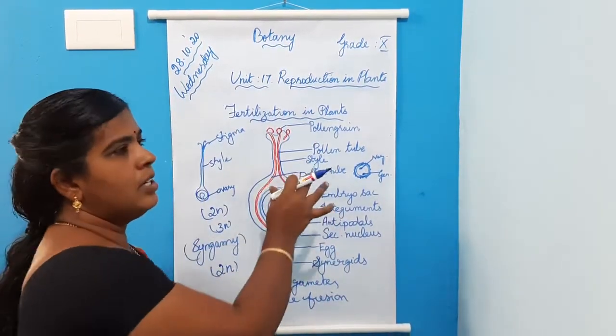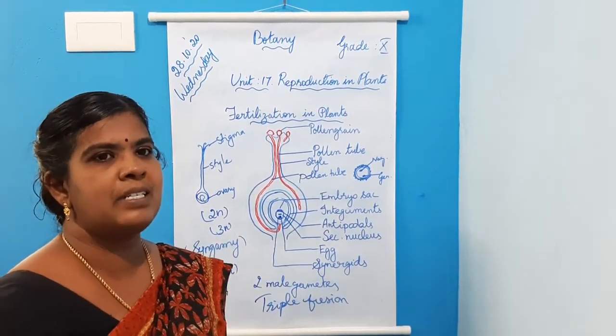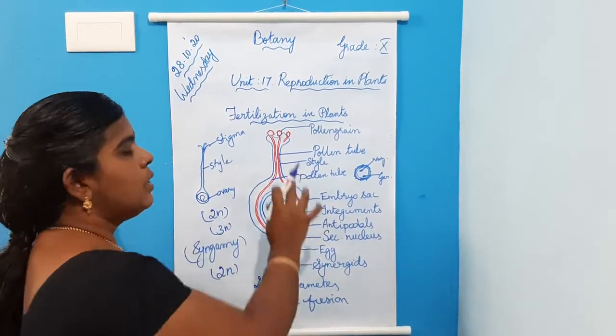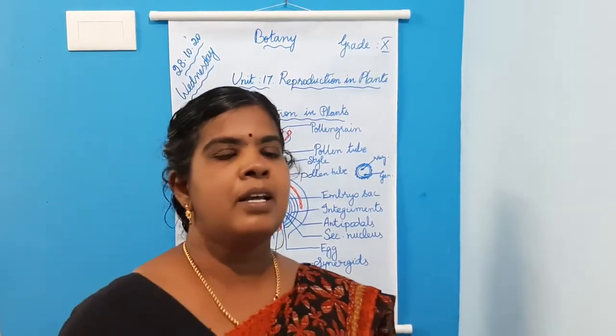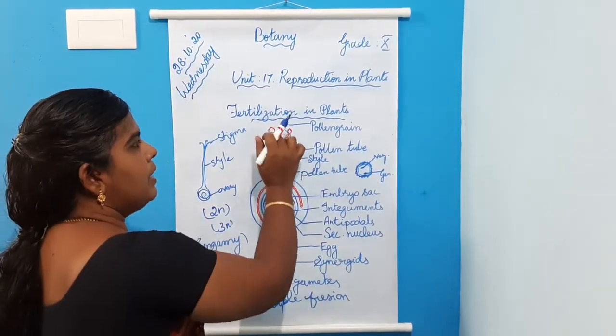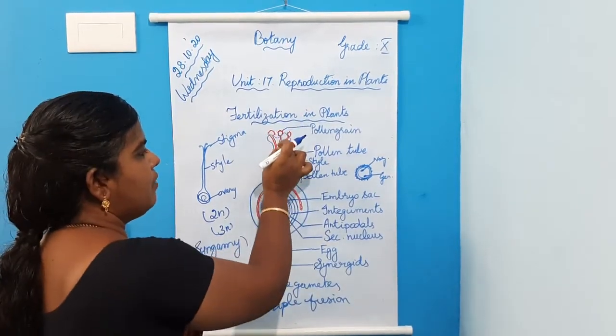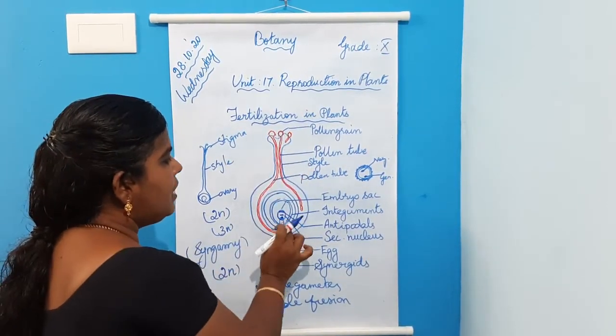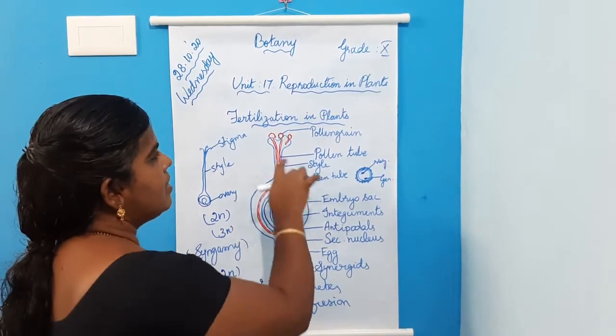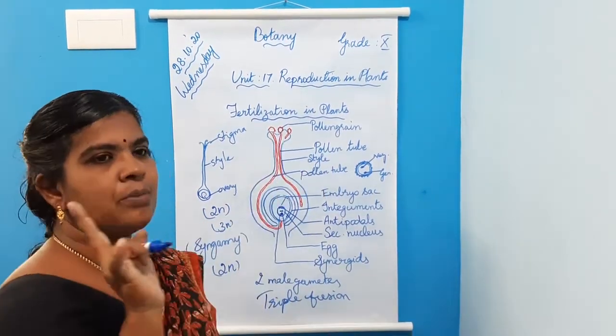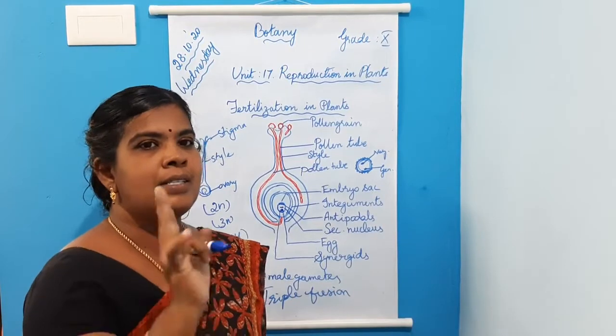Listen. The fusion of male and female gametes is fertilization. At the time of fertilization, what will happen? The pollen grain reaches the right stigma, starts to germinate and forms a long pollen tube. The pollen grain contains two nuclei, vegetative and generative cell.